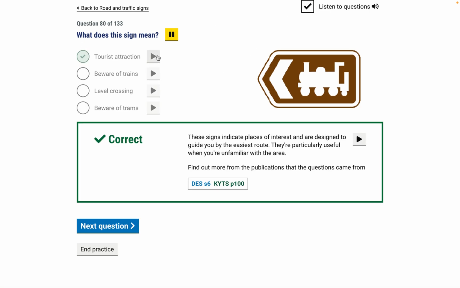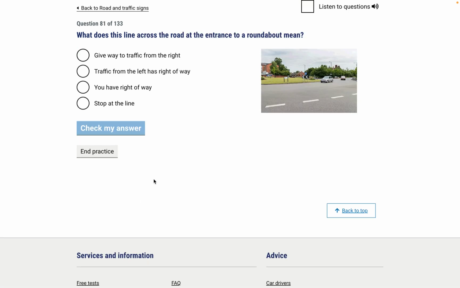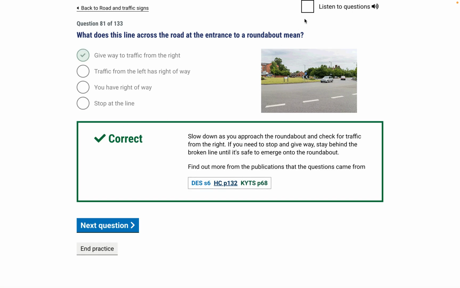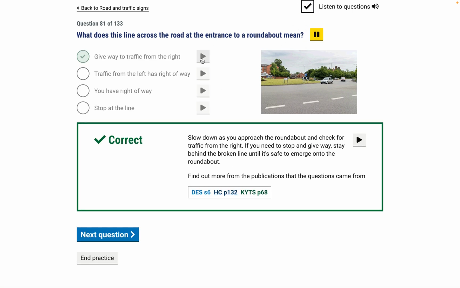What does this sign mean? Tourist attraction. What does this line across the road at the entrance to a roundabout mean? Give way to traffic from the right.